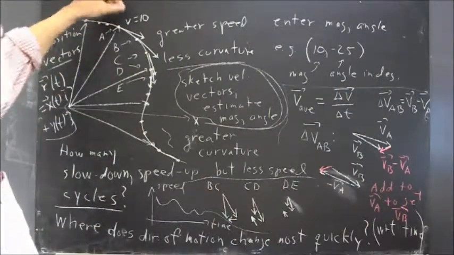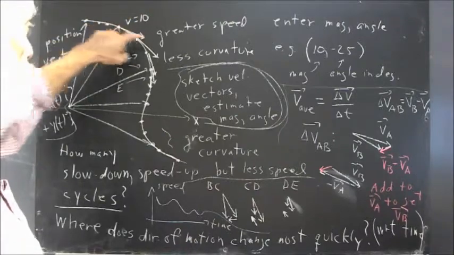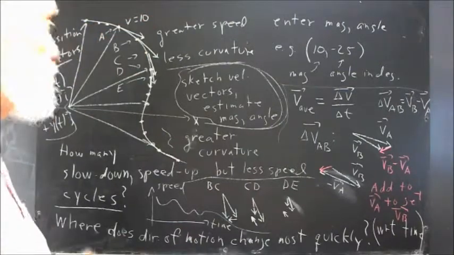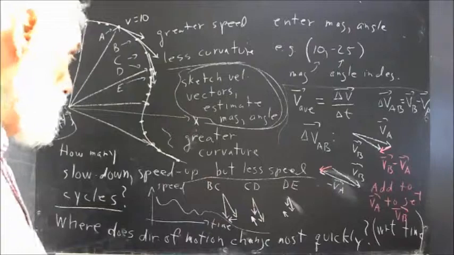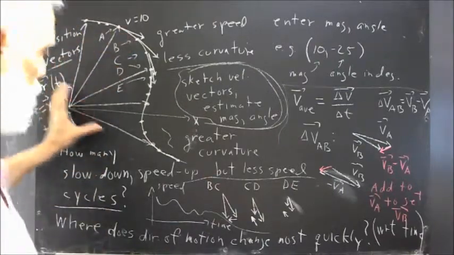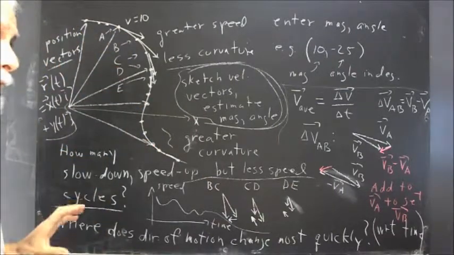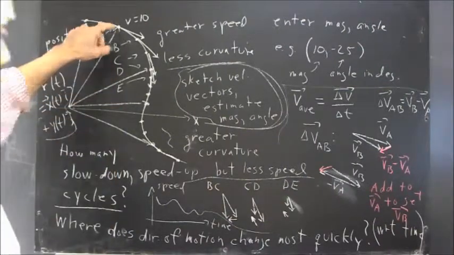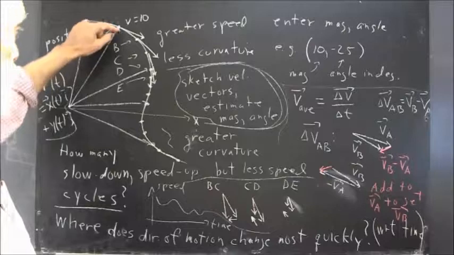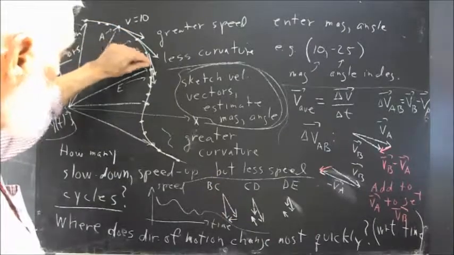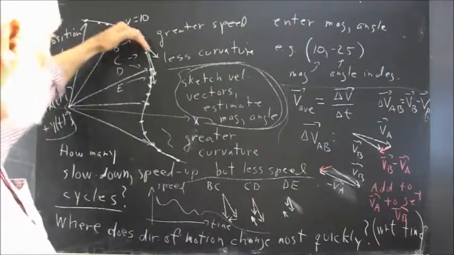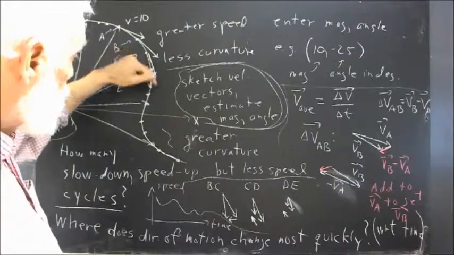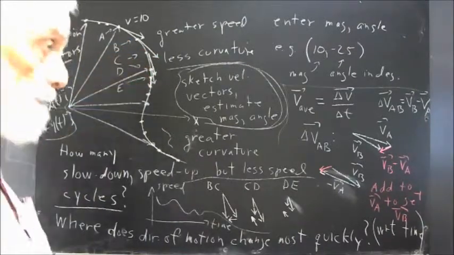And I put a scale on it. I said, okay, let's say the velocity is 10 here. I didn't put units on the velocity. We're just talking about relative numbers. We don't otherwise have a scale on this diagram. We're trying to get a handle on the concept. So when I sketch the vectors, they look kind of like this. Hopefully you can see those. There's one here, one for this point, and one for this point.